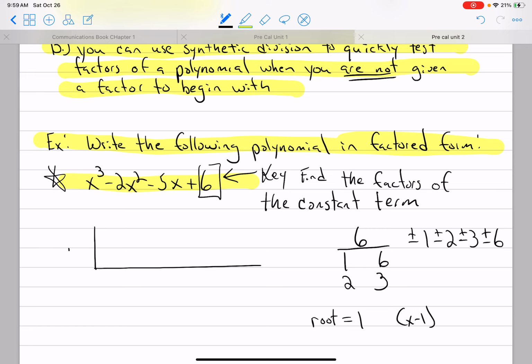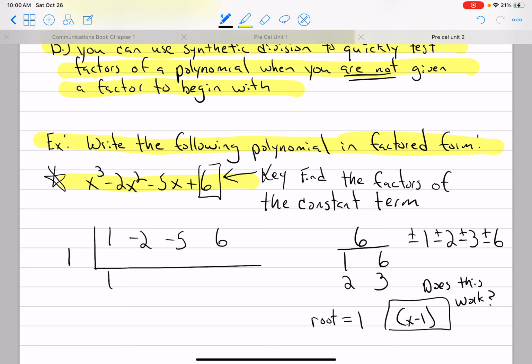So I'm going to put a 1 here, and do some synthetic division. So this is 1x to the third minus 2x squared minus 5x plus 6. And I'm literally just checking to see, does this work? I want to check it quickly, so let's see.